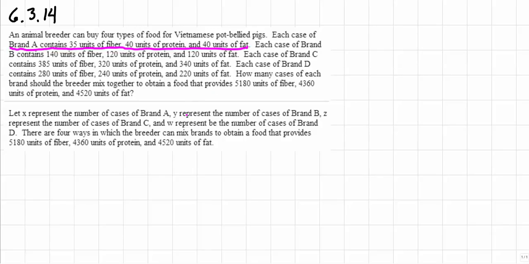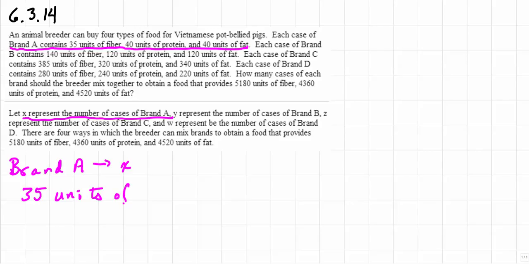So let's write this information out. We'll say brand A, and I'm going to use an arrow to represent that I'm going to use X. Remember, there are 3 different components: fiber, protein, and fat. We'll write 35 units of fiber, and we'll represent that with 35X.